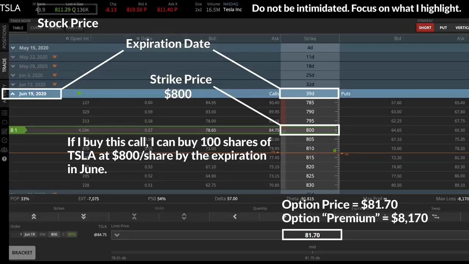This is the option price. To get the option's actual value, or the cost of purchasing this option, one contract, is actually $81.70 multiplied by the option contract multiplier of 100, which gives us an option value or option premium of $8,170.